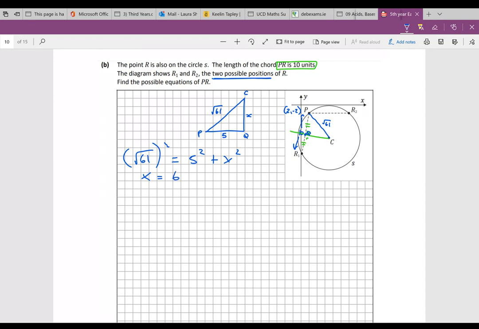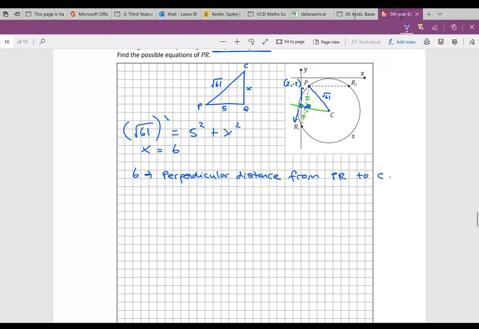So 6 is the perpendicular distance from the line PR to the point C. Now I have a formula to deal with this. I know that the perpendicular distance is the absolute value of Ax1 plus By1 plus C, over the square root of A squared plus B squared.